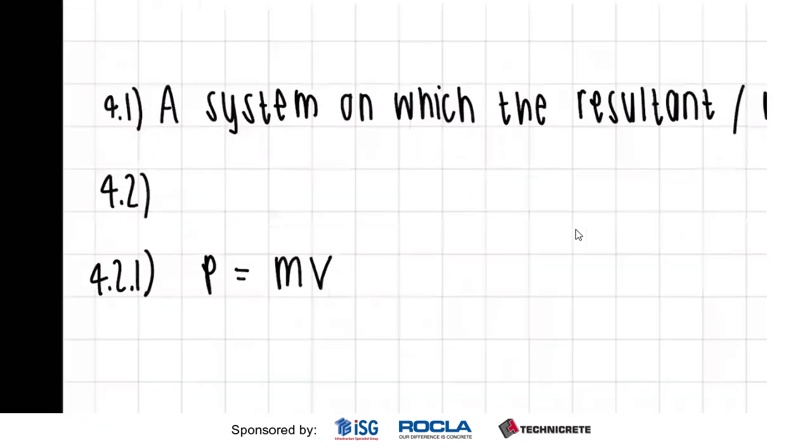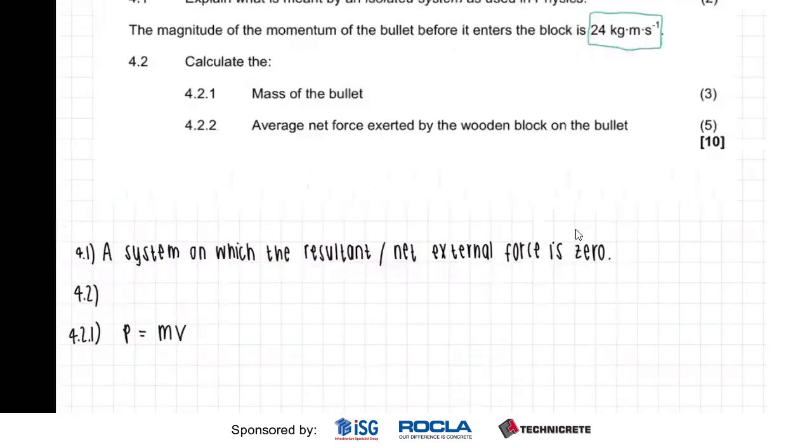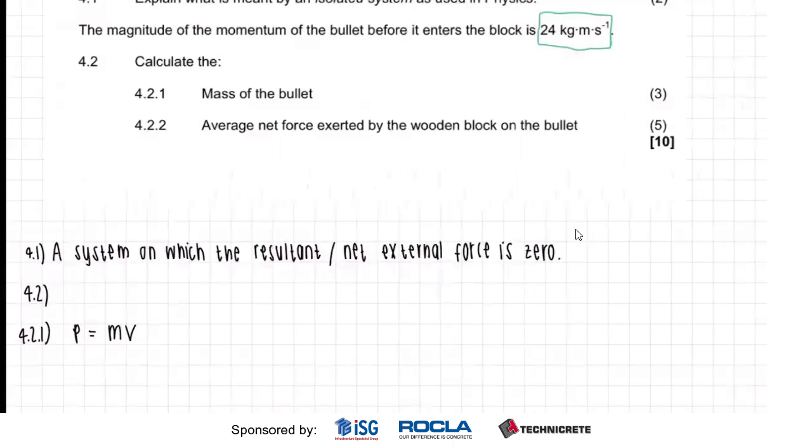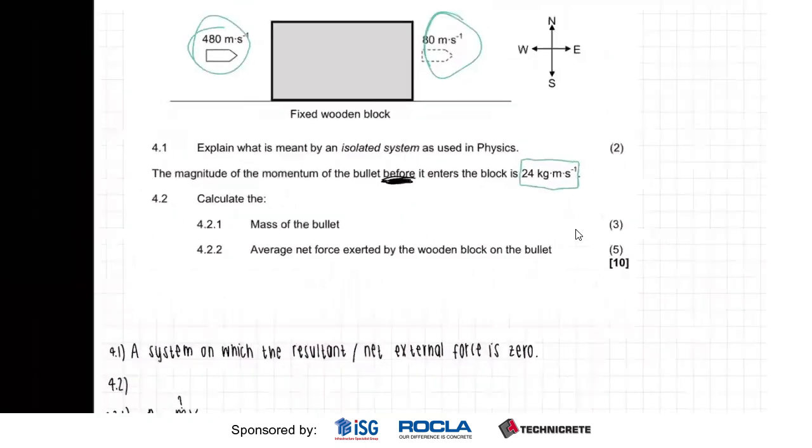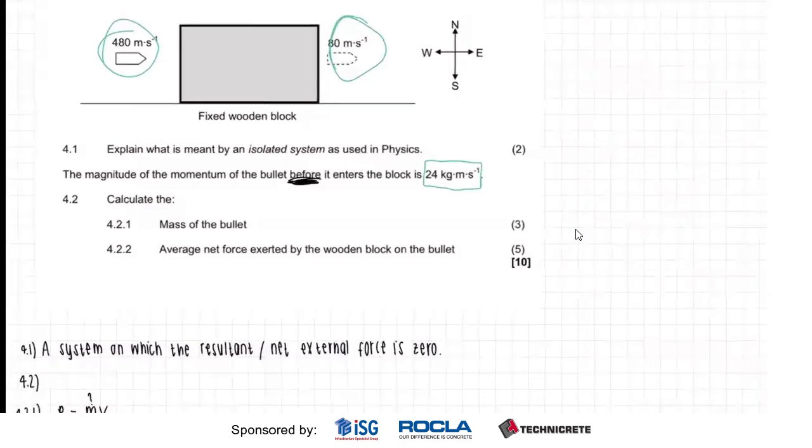So we have momentum. It's the momentum of the bullet before it enters the block. We want to know what the mass of the bullet is. But we've got two velocities: the velocity as it's going into the block, and the velocity as it's coming out of the block. Now the question is, which velocity do we use?